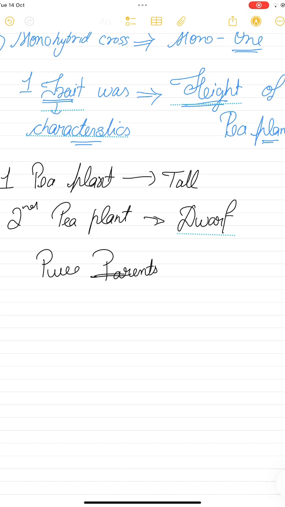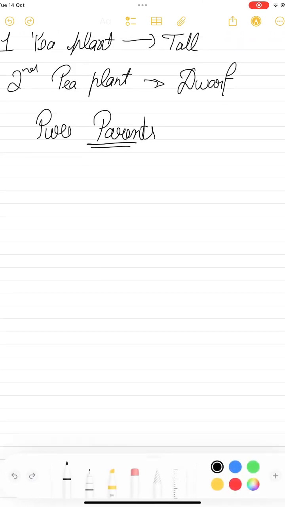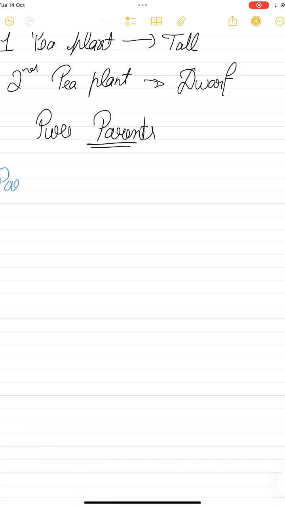There is a pair of alleles in a gene. So he took pure parents. Now we are going to do the cross.